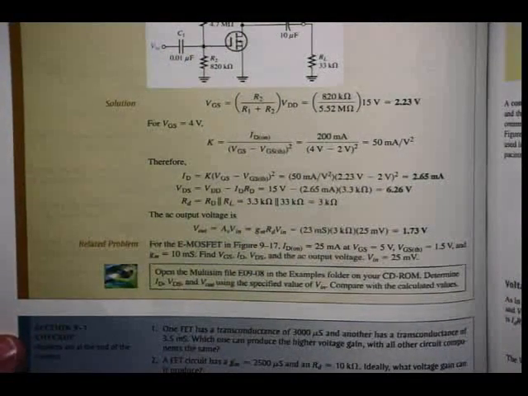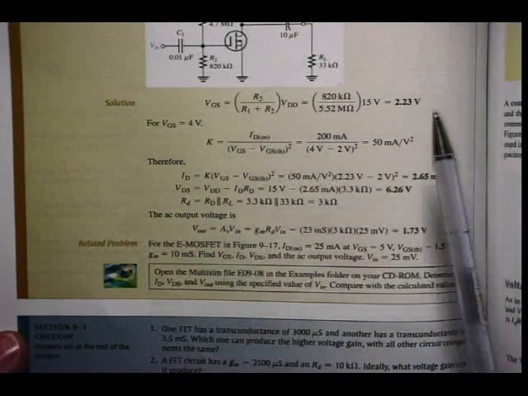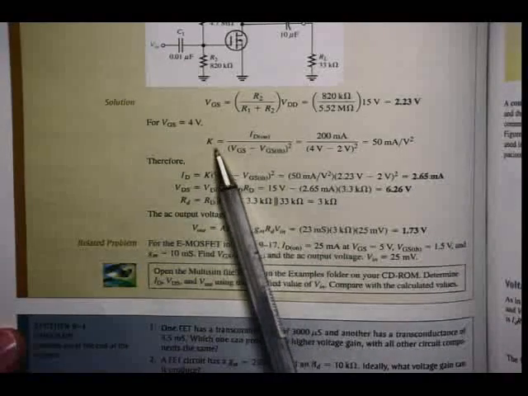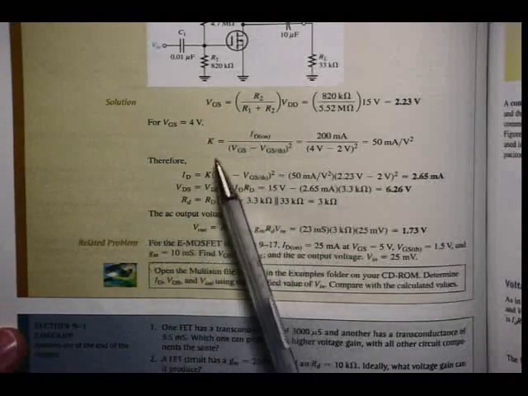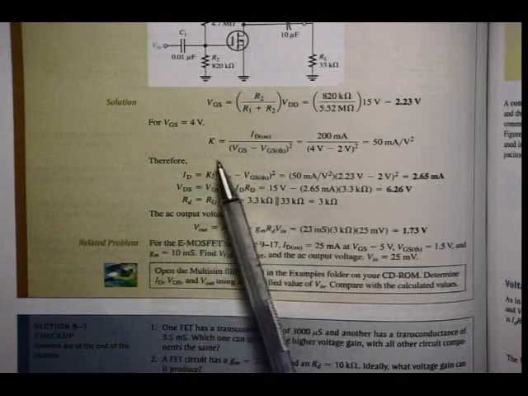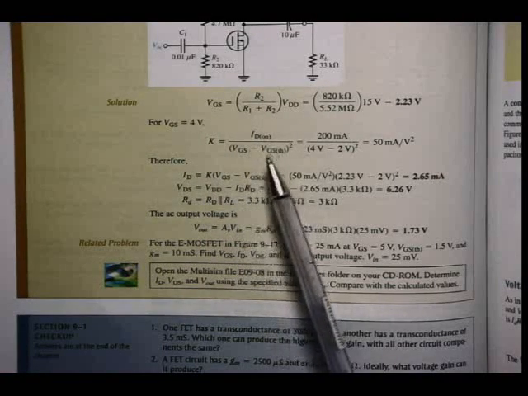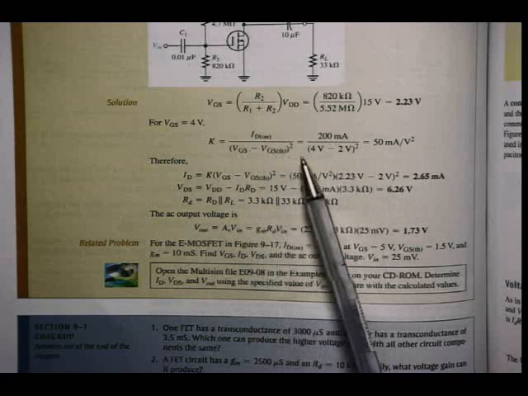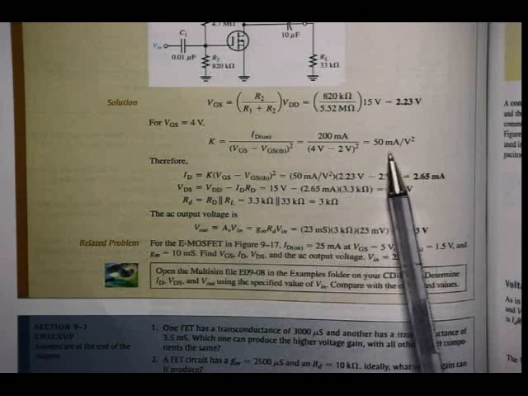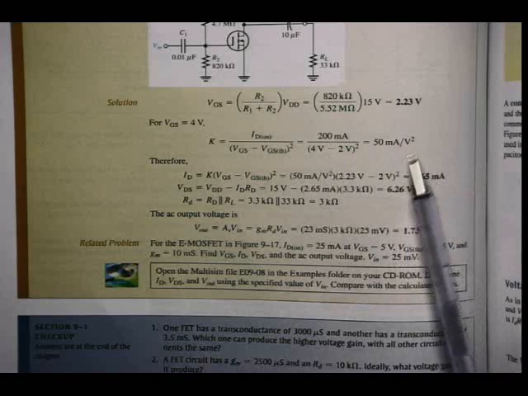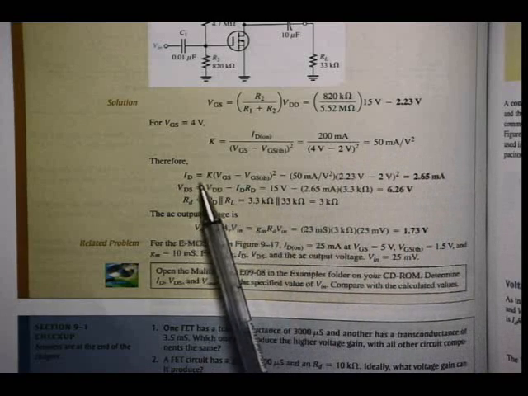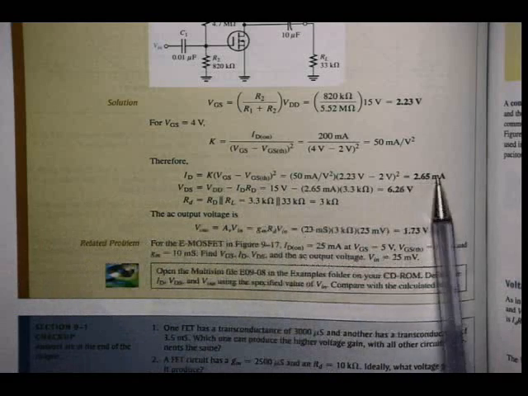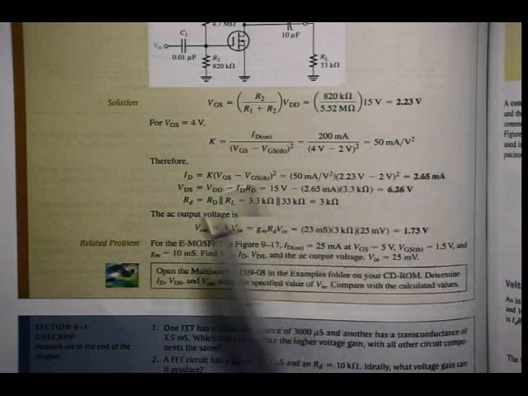So first I will go and calculate VGS, 2.23 volts, then for VGS at 4 volts. Remember the formula from the previous chapter, just take out K so I can work out the constant first. ID(on), which was given, divided by VGS minus VGS threshold, also given, squared, so it's 50 milliamps per square volt. So ID then is K times VGS minus VGS threshold squared, 2.65 milliamps.